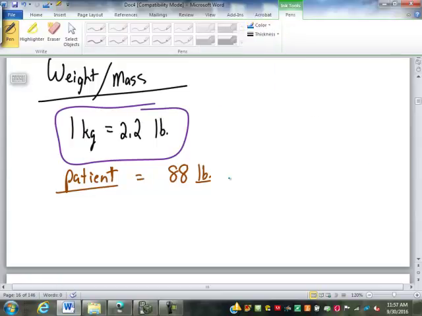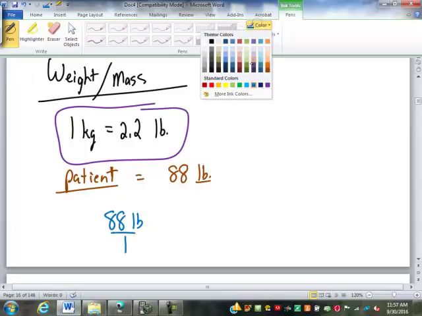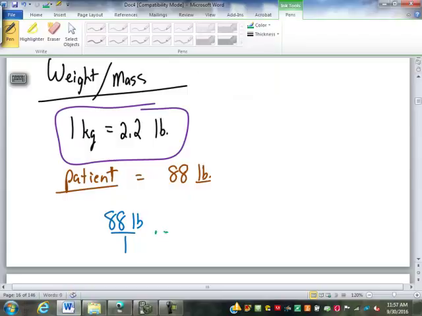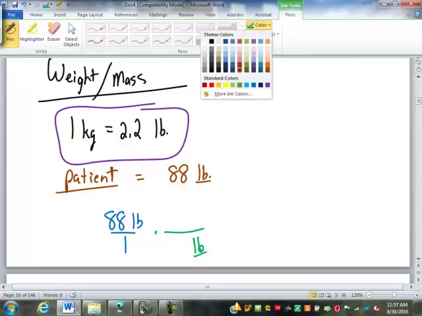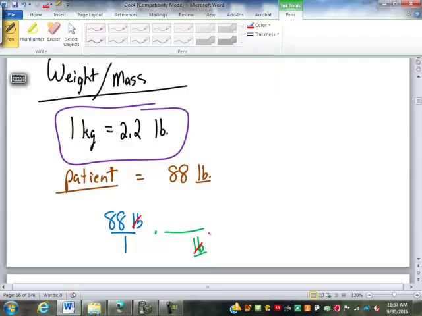Now again, as I said, kilograms is a mass, not a weight, but when you hear weight used in medicine, they're usually referring to kilograms. So we're going to take that 88 pounds, we're going to put it over 1, and our conversion factor, I always do what's on bottom first, because what has to go on bottom here? Pounds, because I'm getting rid of pounds. I want it on bottom so it'll cancel out.